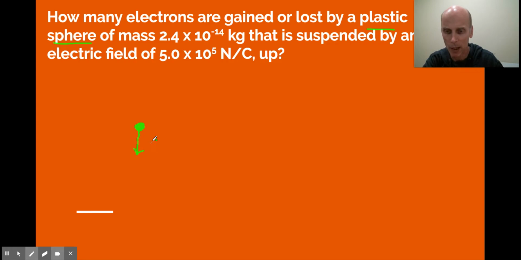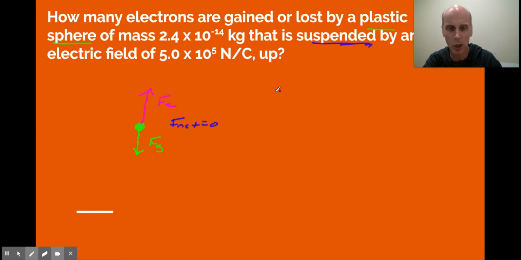We have our expected and anticipated force of gravity that is in the downward direction. I'll draw in pink the upward force because of the electrostatic attraction/repulsion that goes on here. And as a result of those two things coming together, it is suspended. So we can say that the net force is equal to 0.